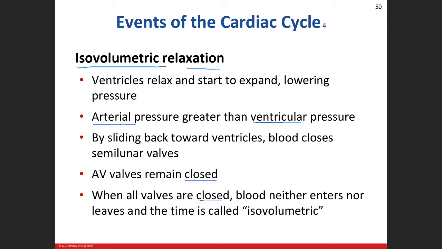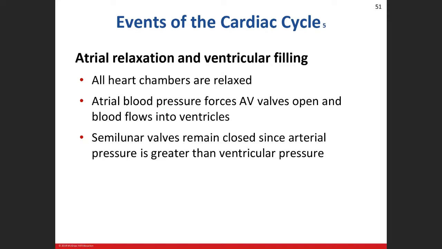And then we're going to finish up with the last part, which is when everything's relaxed again. So we start at the beginning of the cycle in which the ventricles are relaxed, the atria are still relaxed. So that's when we get that passive filling again. All the chambers are relaxed. The semilunar valves are still closed because the pressure in the ventricles is still less than the arterial pressure.